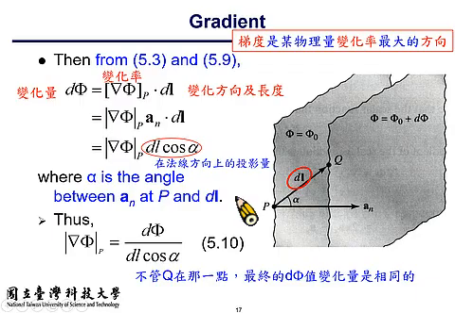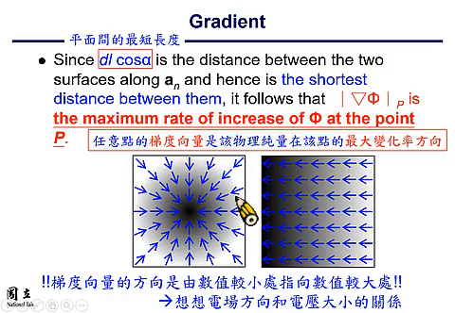So no matter where you place Q at an arbitrary position, the amount of change d phi is the same for two observation points on the planar surfaces, on the plane wave.